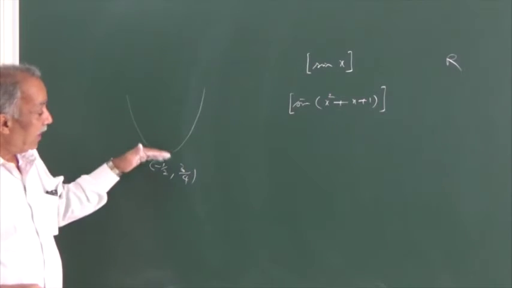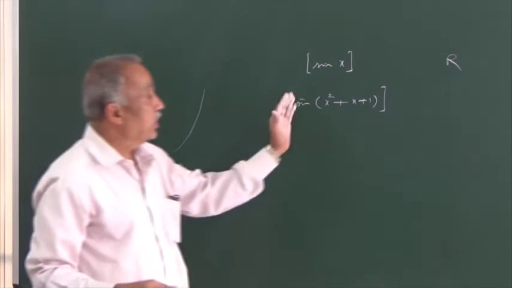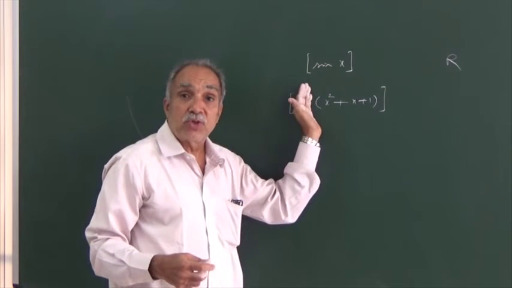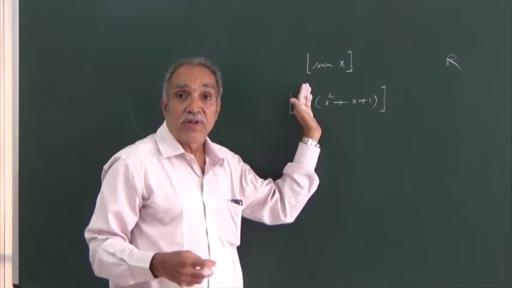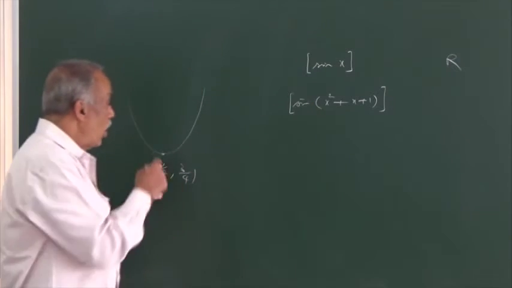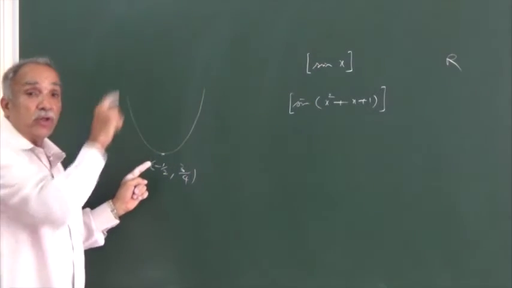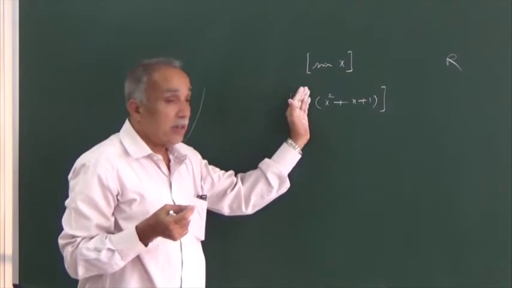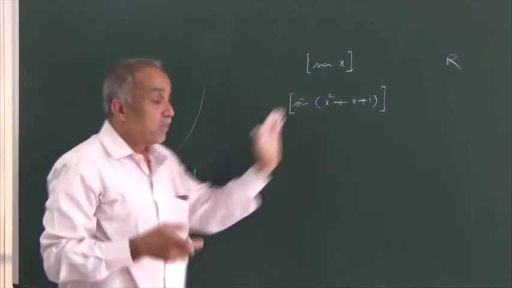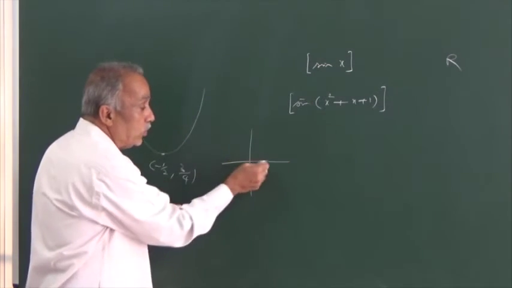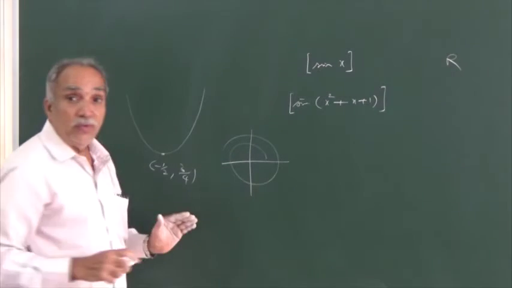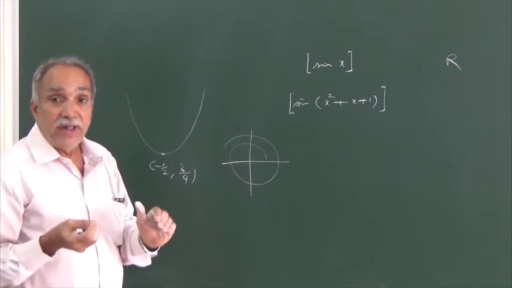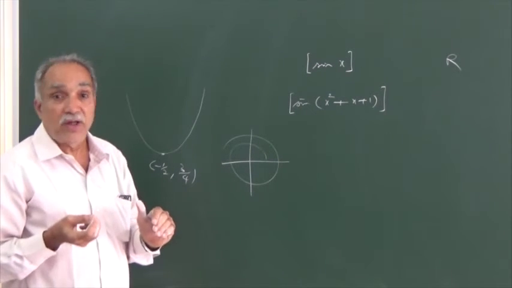So, only values greater than or equal to 3 by 4 are attained by x square plus x plus 1. Still, when all values greater than or equal to 3 by 4 are covered by x square plus x plus 1, the entire set of 4 quadrants will get covered.